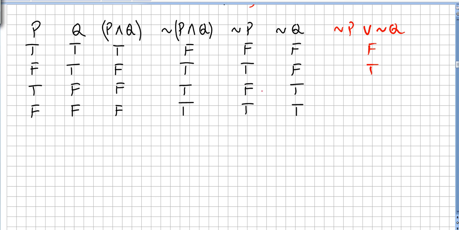True, false, true, true, so I don't need to check this information again. True. Okay, so you see, for those that are used to this, when you look at this one, you say not (P and Q).